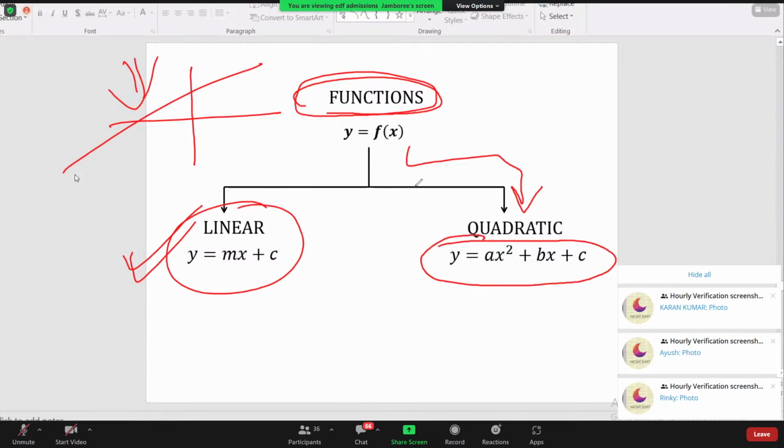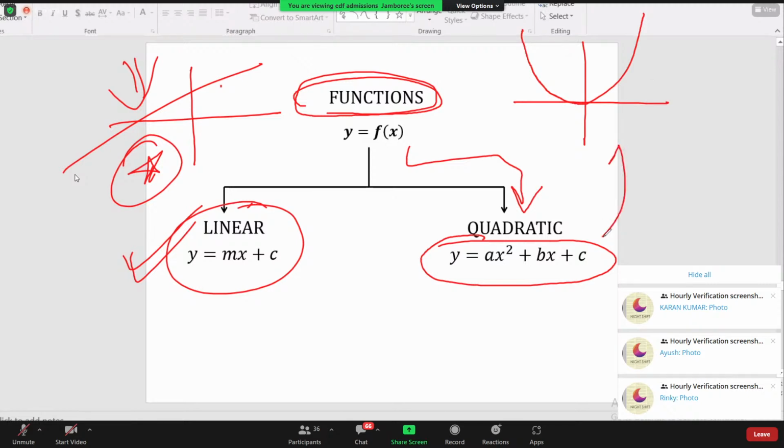Secondly, what you need to further remember is that the linear function when plotted on the graph is a straight line like this. And when quadratic functions are plotted on the graph, they are basically a U-shaped curve, something like this, and they are called parabolas.